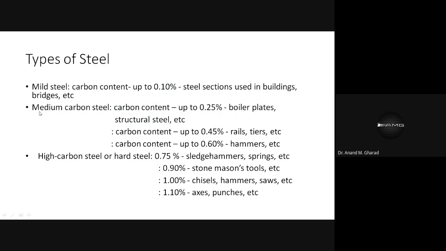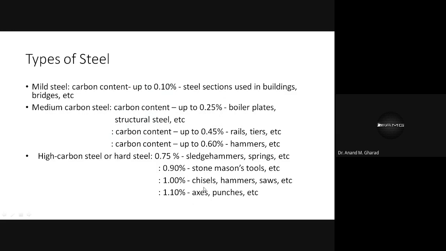The range for medium carbon steel, as you can see over here, is from 0.25% to 0.6% carbon. Similarly, high carbon or hard steel has carbon increasing from 0.75 to 1.1%. You can see the utility of high carbon steel is mostly to prepare tools, as you can see over here.